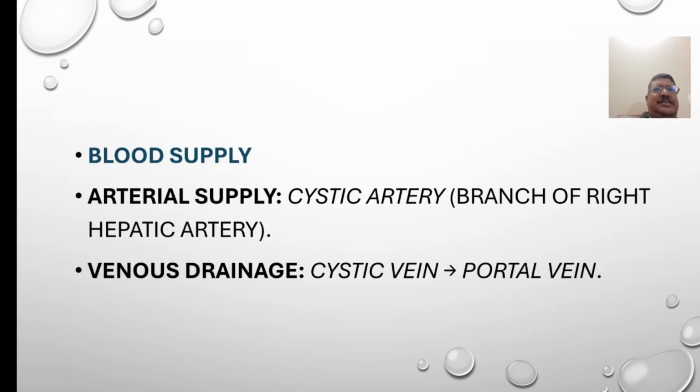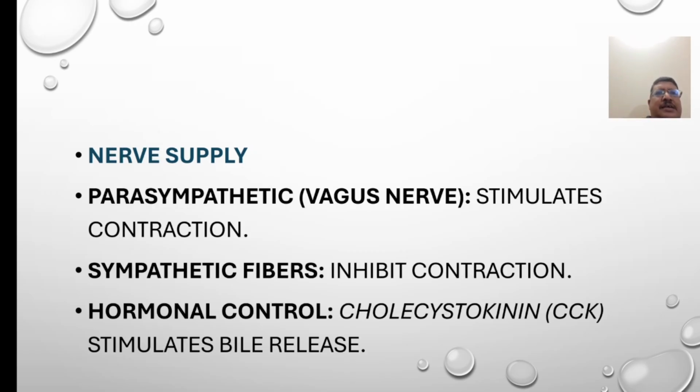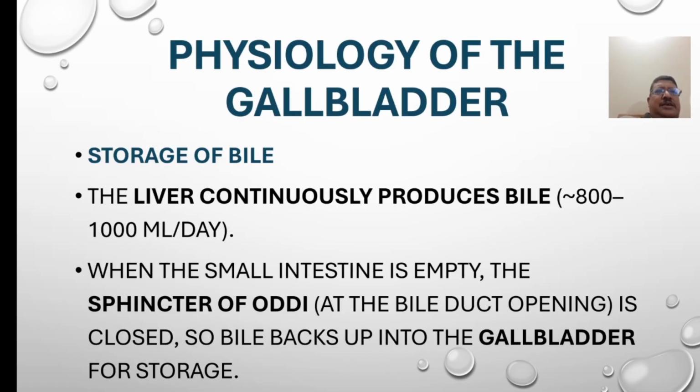Blood supply: arterial supply, cystic artery, branch of right hepatic artery; venous drainage, cystic vein, portal vein. Nerve supply: parasympathetic vagus nerve stimulates contractions, sympathetic fibers inhibit contractions. Hormonal control: cholecystokinin, CCK, stimulates bile release.